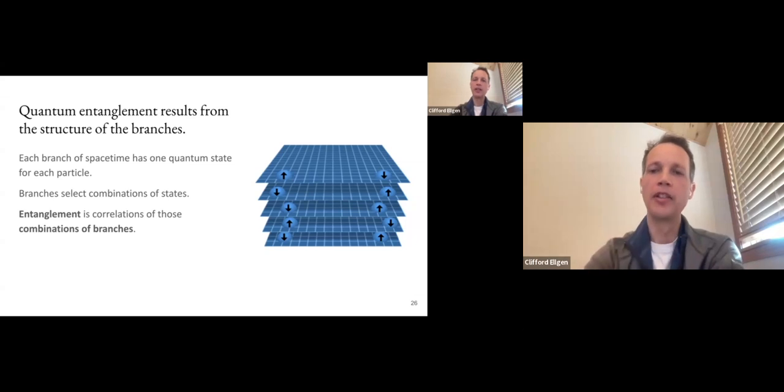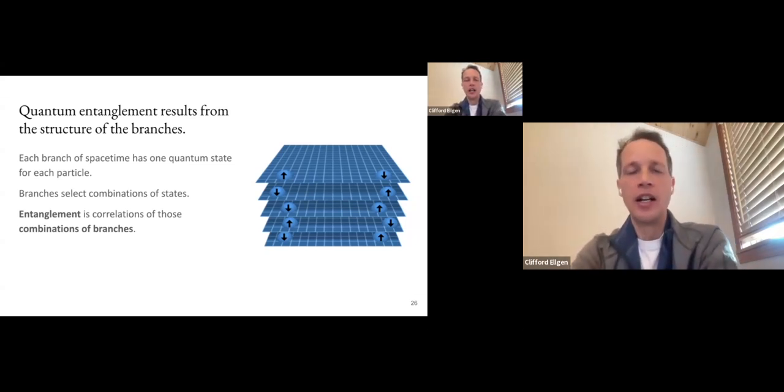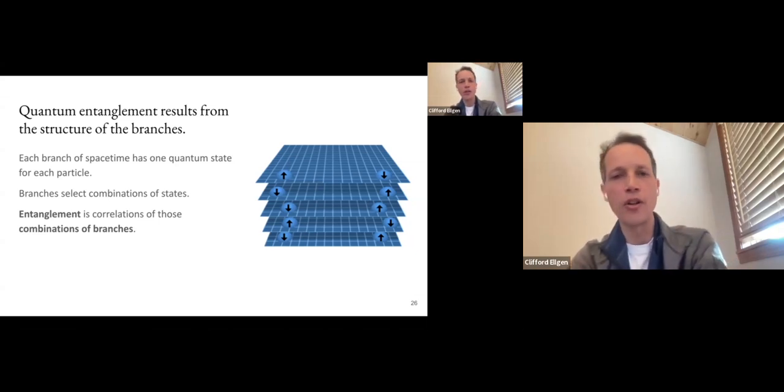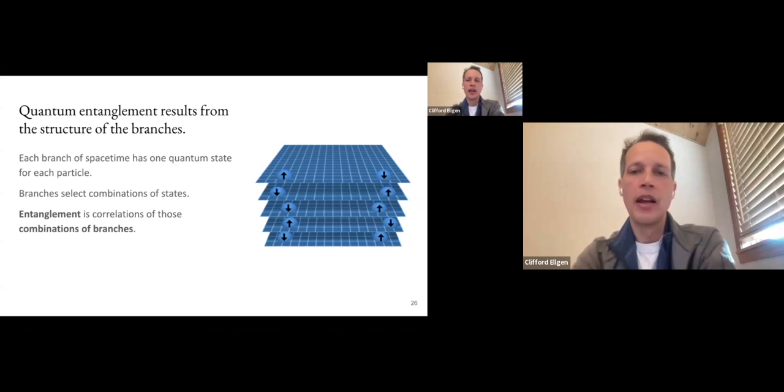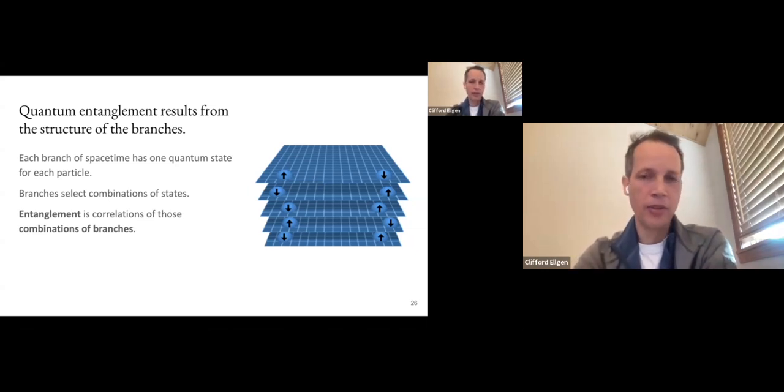We can take an intuitive first pass at this by remembering that we have a branch spacetime manifold. And it turns out those branches have structure to them that selects combinations of states. And so if I have a particle on the left and a particle on the right, each of those particles has one knot on every branch of spacetime.